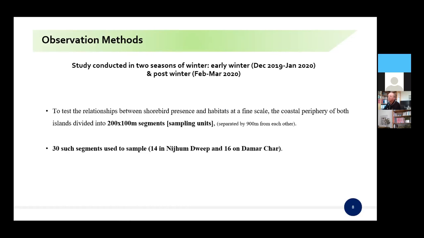As I said before, we wanted to look at how these species choose winter foraging grounds at a smaller, fine scale. That is why we kept it like this, and these are the sampling units of this study. There are 30 such segments used to sample in Nijumdip, which was the populated island, there are 14 of them, and in Domarchor there are 60 segments.